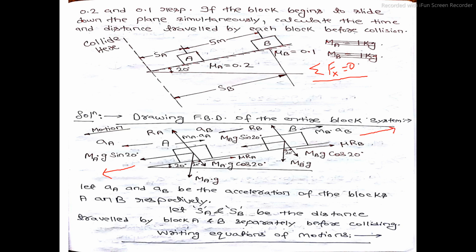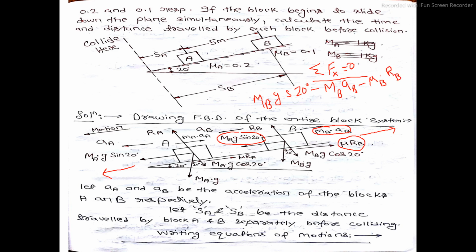So we will get mbg sine 20, minus mb into ab, inertia force, minus frictional force, that is mu b into rb.